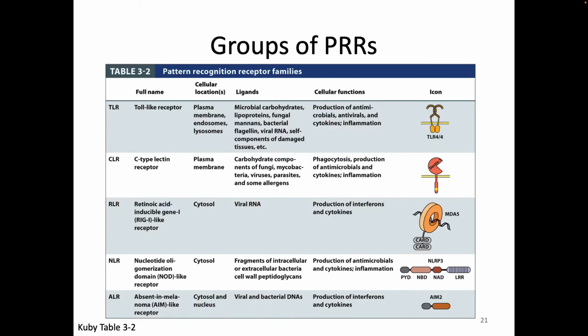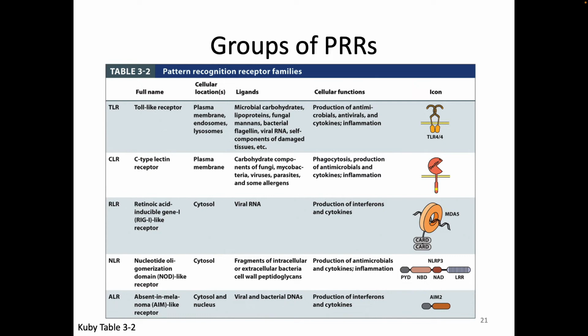The other group of PRRs that I want to tell you about are the ALRs. The ALRs are near and dear to my heart, since they're what I work on in my lab. One of the things that's pretty cool about them is that they are in either the cytoplasm or the nucleus.